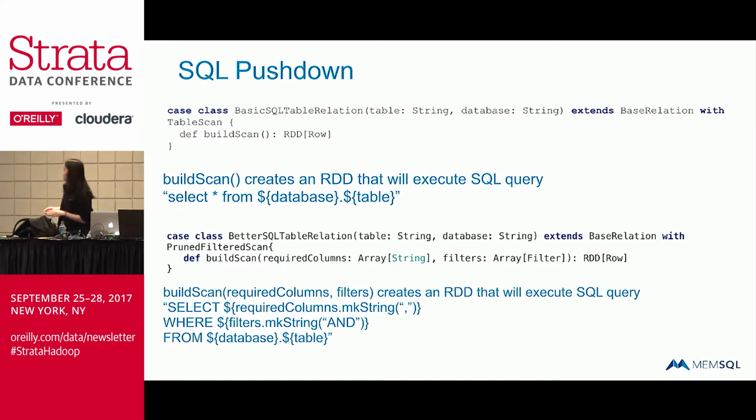However, in better SQL table relation, our build scan has a different signature, and it is run with the arguments required columns and filters. So with this information, we can instead return an RDD that will execute the more encompassing SQL query of the form select columns where the filters are true from database.table.